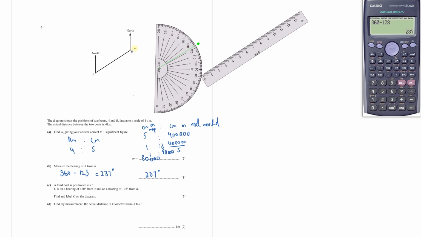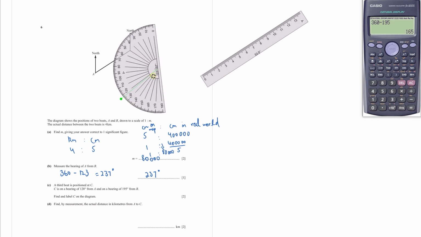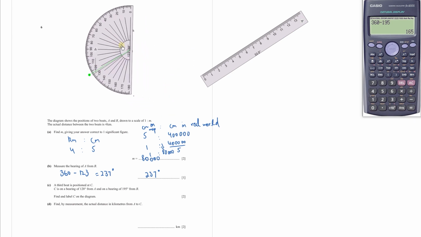If my bearing is 195, the remaining angle is 360 minus 195, which is 165 degrees. So I can do that. Let's place it again at this center, and let me align this with 0.